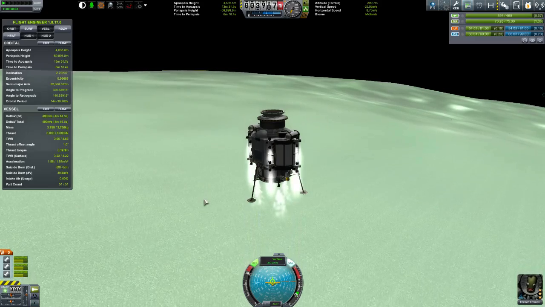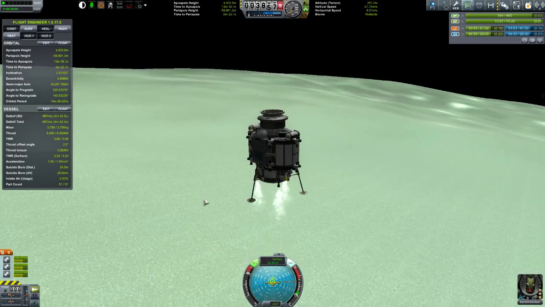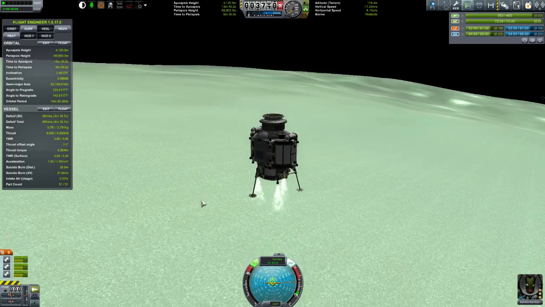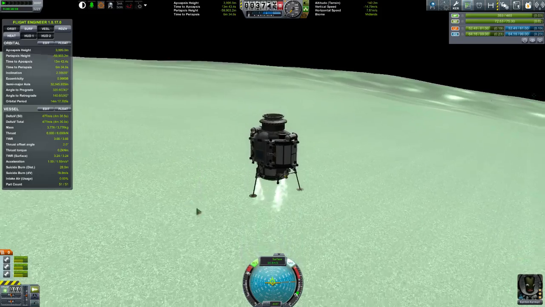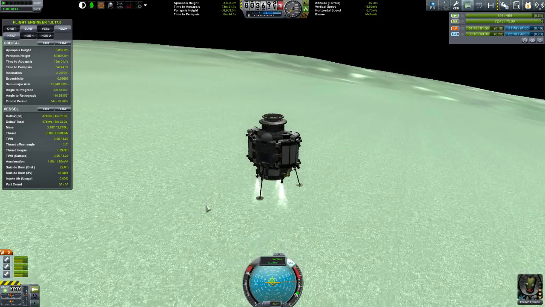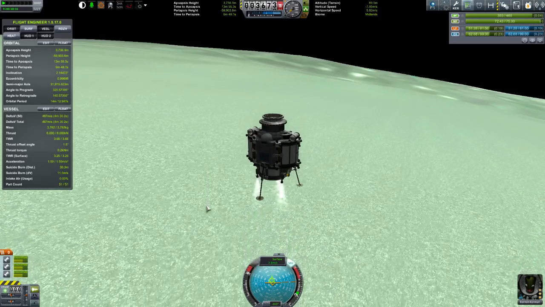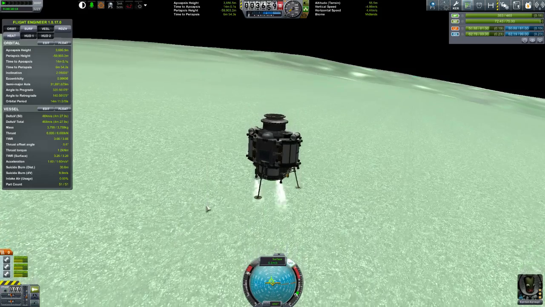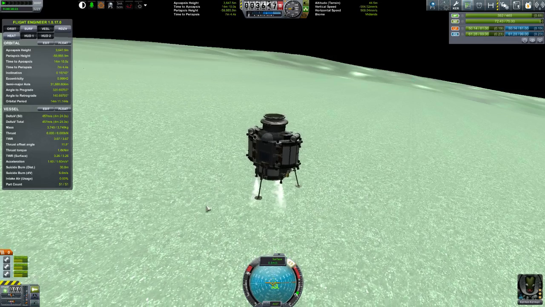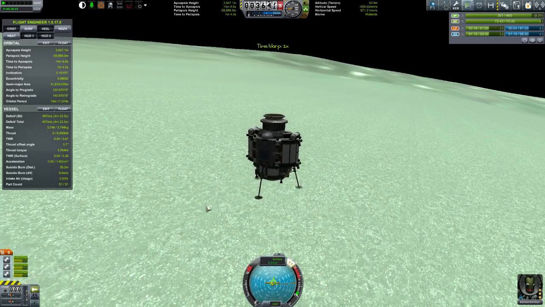Maybe I can use RCS to help me out. You see how underpowered the lander is, but it kind of makes it nicely controllable.